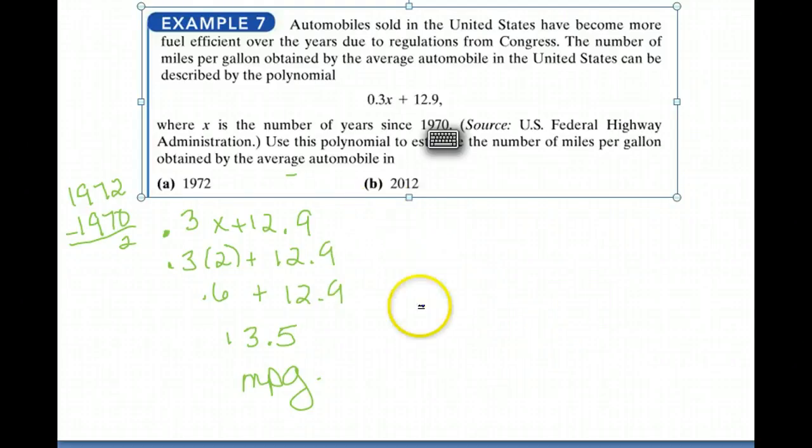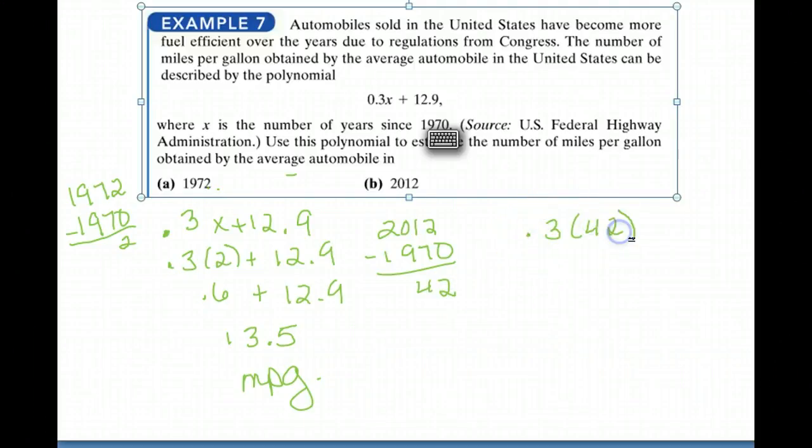Okay, by now you should be ready to check the answer for letter B. Whenever you set up the subtraction problem to figure out what x was, you should have found that 2012 minus 1970 should have given you 42. So that means that you are going to plug 42 in for x, and you are going to evaluate that polynomial.